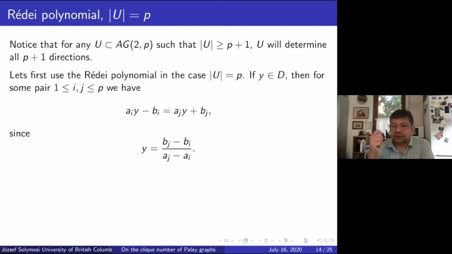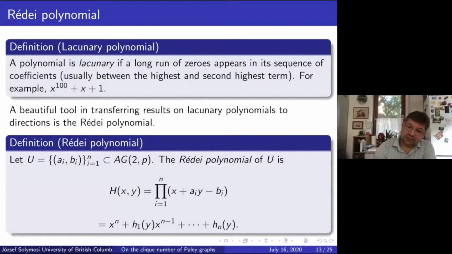You see, if your point set did not define y, a direction, then all the values here in this product, this x plus ai y minus bi, are distinct.